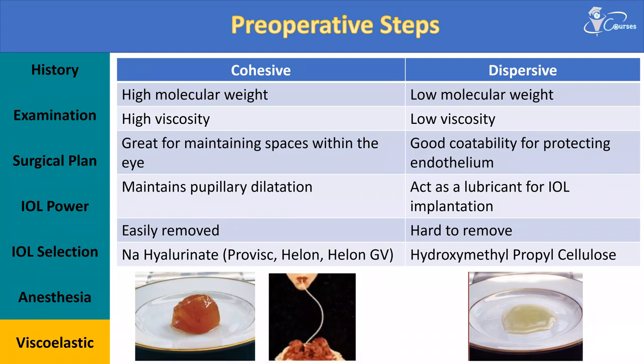The other use for the dispersive is when there is a ruptured posterior capsule and you want to inject a dispersive viscoelastic to coat the anterior vitreous face to prevent disturbance of the anterior hyaloid and prevent vitreous loss.